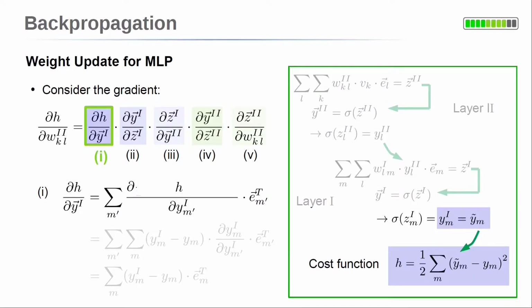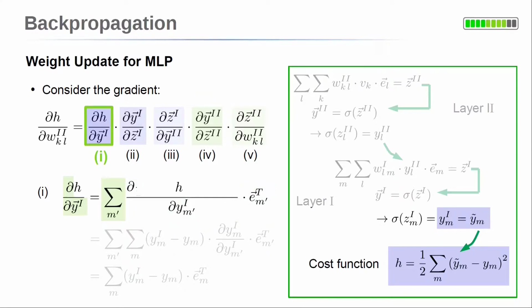First, we calculate the first term on the left according to the decomposition with the chain rule. This is the derivative of the cost function with respect to the outputs of the output layer, vector y superscript 1. This is equal to the output of the neural network. We rewrite the gradient, which is a row vector, by using the sum representation.